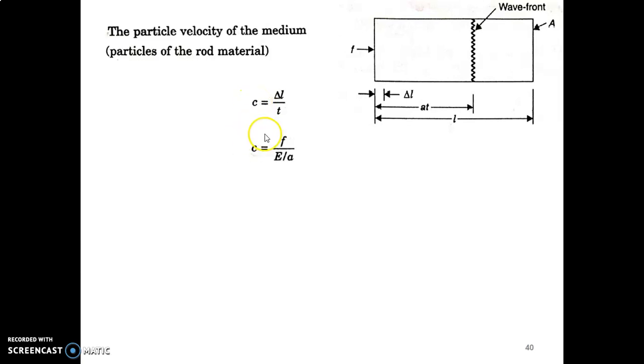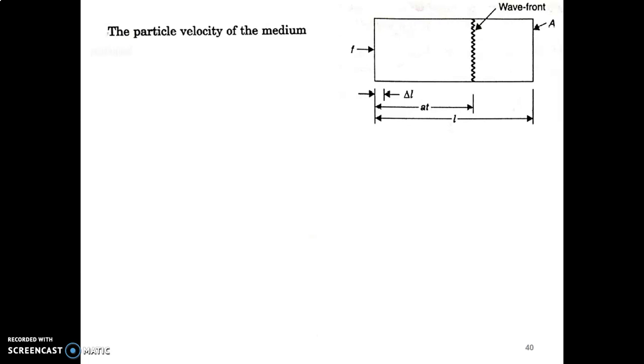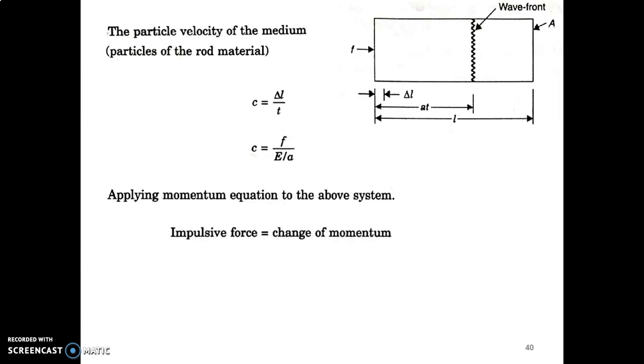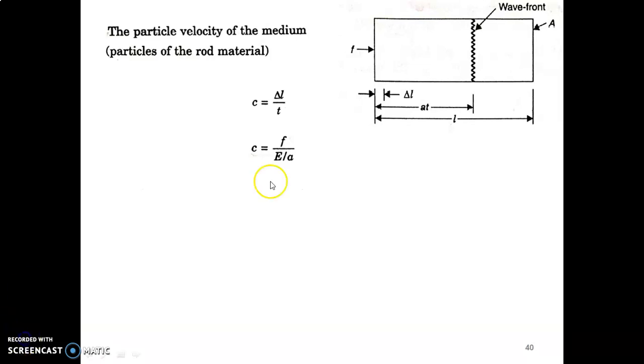Now, our small c can also be written like this, F by E by a. This is got by comparing this relation with the previous relation.